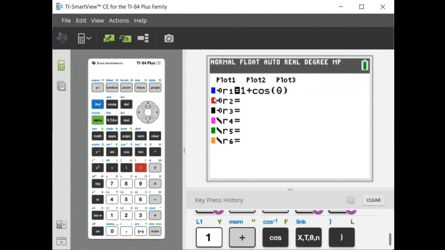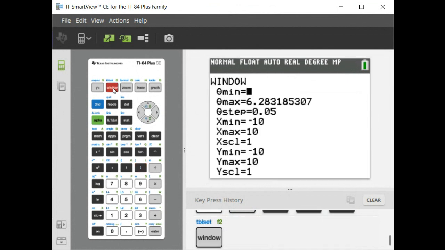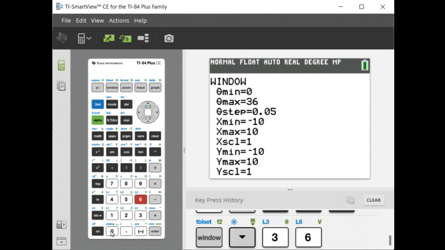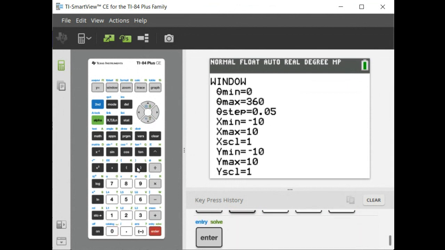Before you press enter, we need to go to window and check these values. The default is in radians, and you can see here it's at 2 pi, so we need to change that to 360 because we are using degrees. The step means how often it calculates.